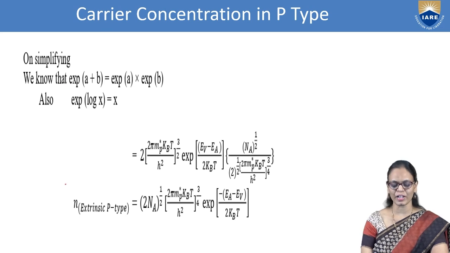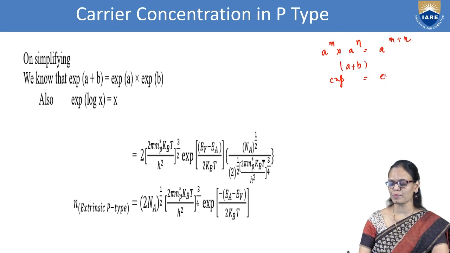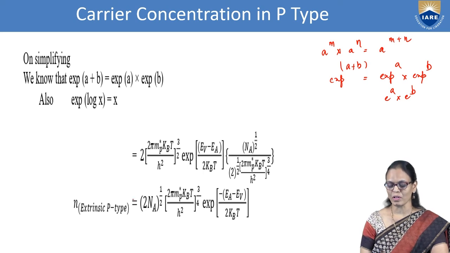For simplifying, we are going to use two formulae. A power m into A power n is equal to A power m plus n. Here we have exponential of A plus B, which we can write as exponential of A into exponential of B. And also, exponential of log x is equal to x.